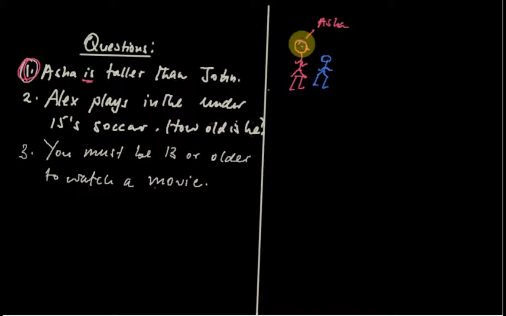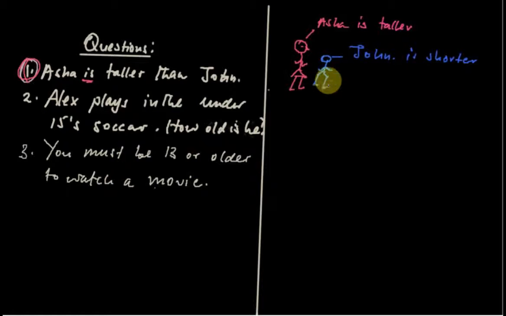So Asha is taller compared to John. So this is John. John is shorter compared to Asha.